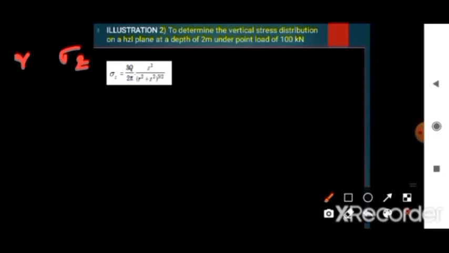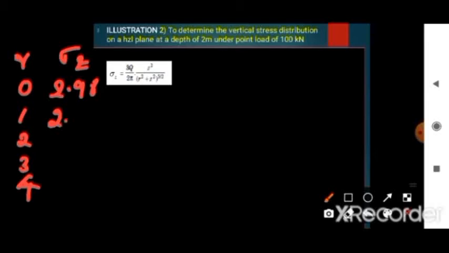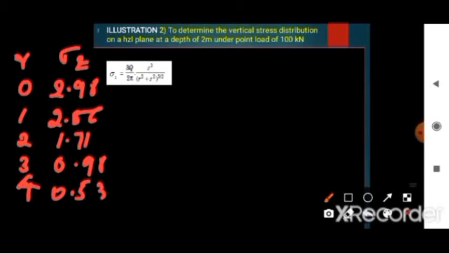So r is 0, 1, 2, 3 and 4, and the sigma z values are going to be 2.98 if you substitute the various values of r, then 2.56, 1.71, 0.98, 0.53.